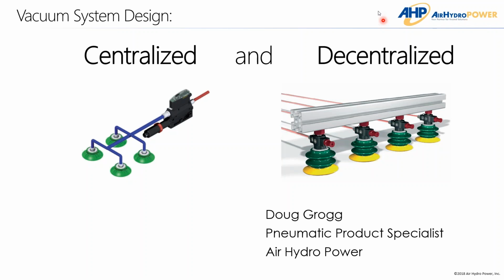I'm just going to walk you through the basics of what that means, the differences between the two systems, common applications, some of the products that relate to the two types of systems, and some tips and tricks for figuring out the easiest way to determine which system to use. So let's get started.